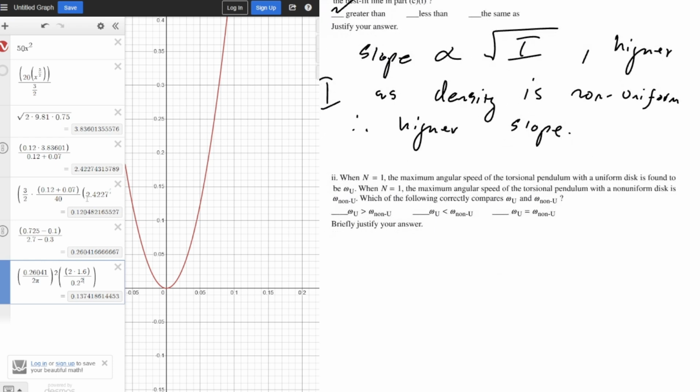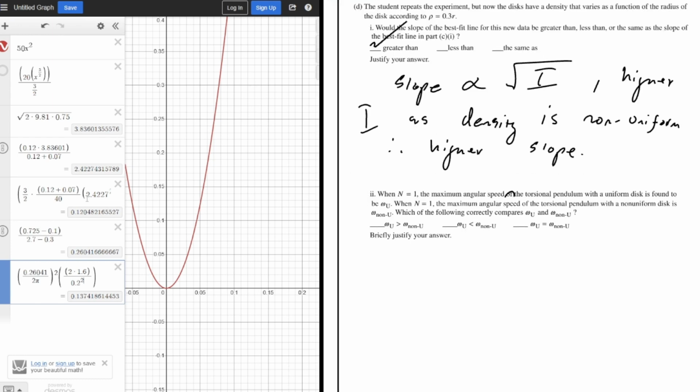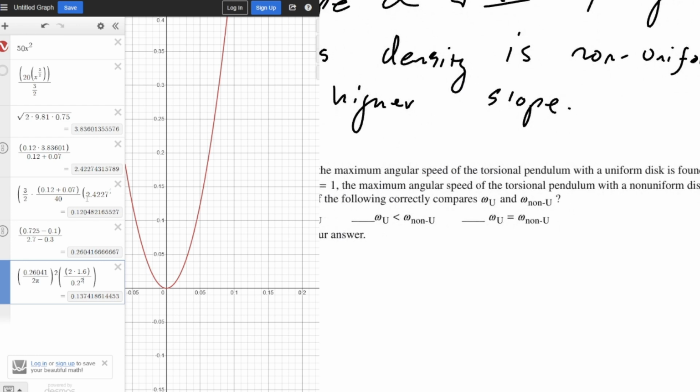So when n equals 1, the maximum angular speed of the torsional pendulum of a uniform disk is found to be W_u. When n equals 1, the maximum angular speed of the torsional pendulum with a non-uniform disk is W non-u, which correctly compares the W of the uniform disk and the W of the non-uniform disk.